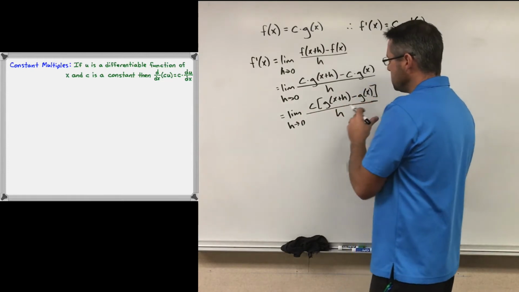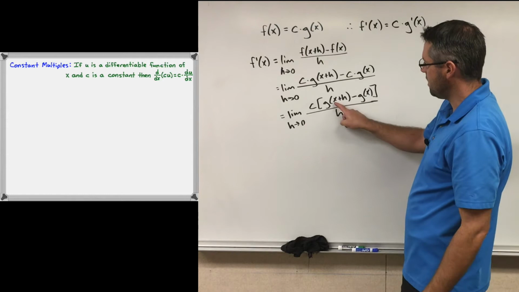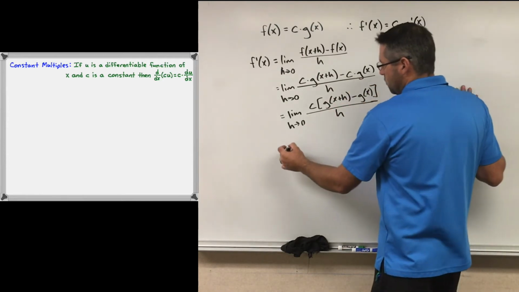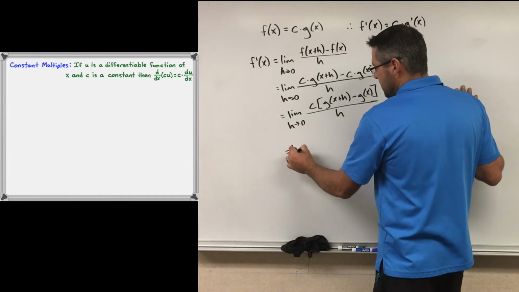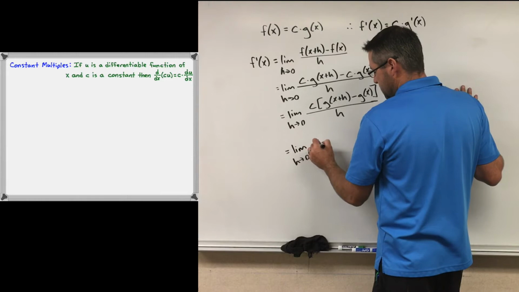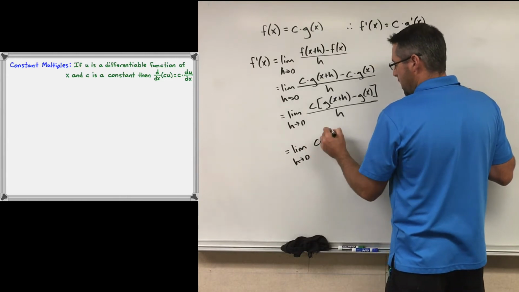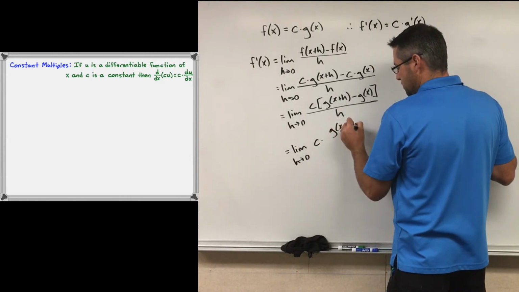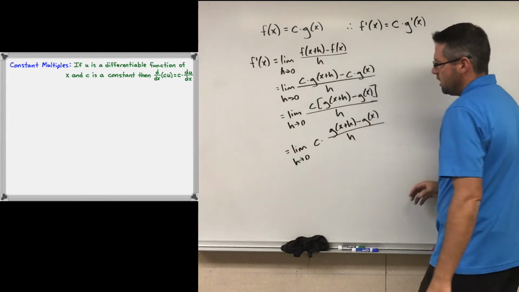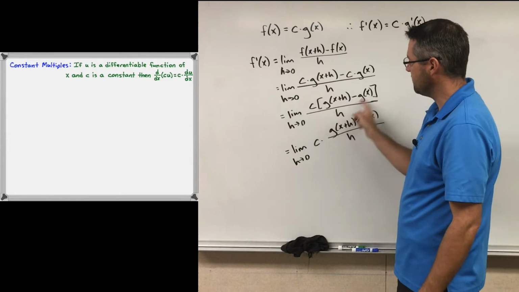And so you could start seeing how this is going to formulate here, because there is my normal difference quotient, right? Now I'm going to rewrite this. I'm going to take the constant out and say the limit as h approaches 0 of c times g of x plus h minus g of x all over h. And so all I did was I took the c out front of this fraction.